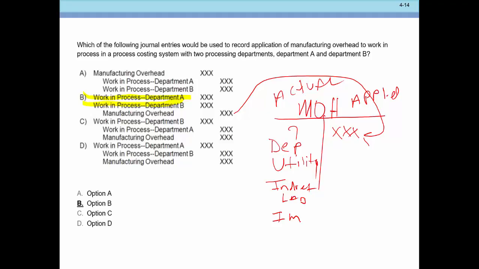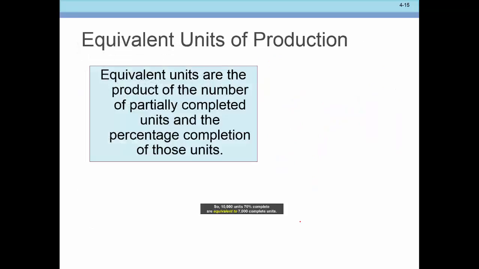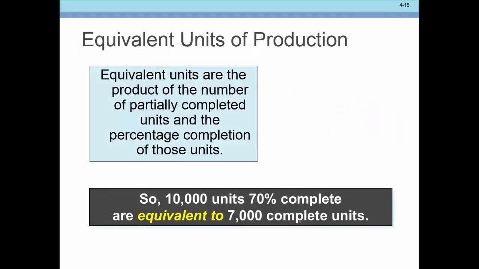And then Department 1 transfers its work in process out to Department 2. And assuming two departments, we go out of Department 2, B or whatever, into our finished goods, right? Okay?